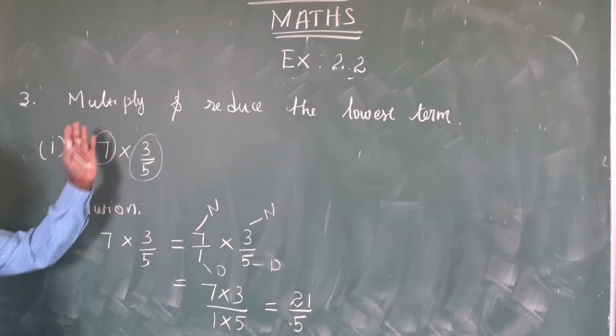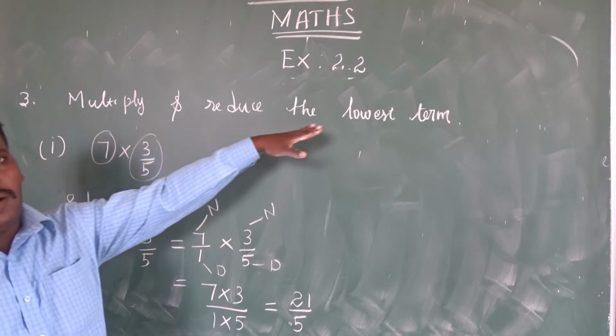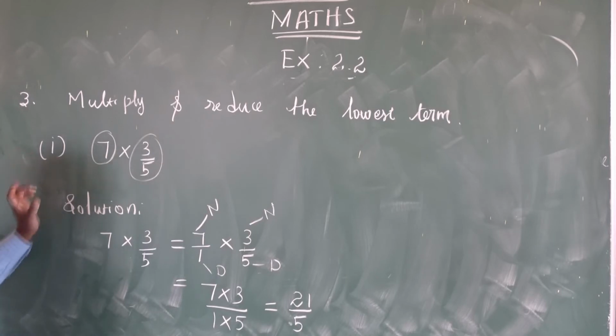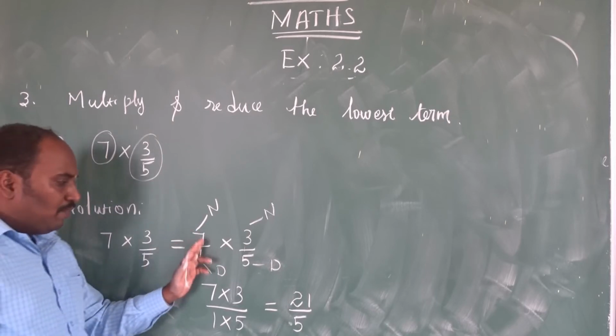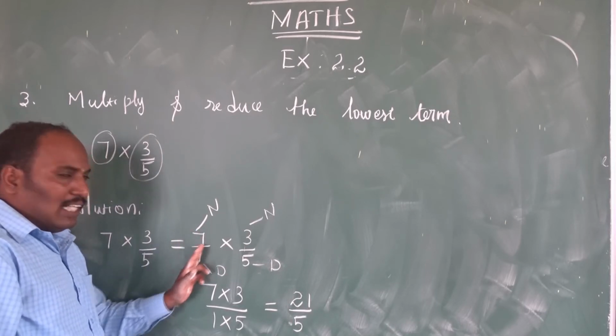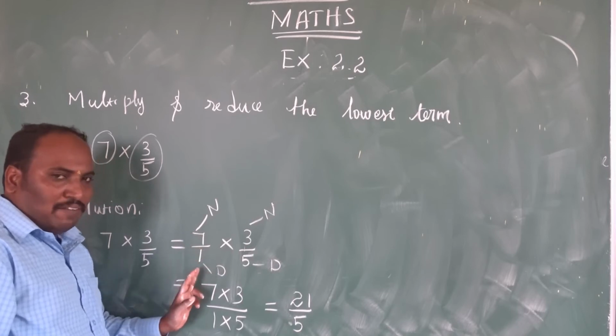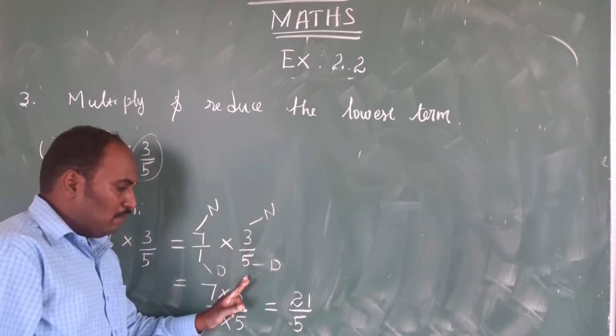Listen here, our question is to multiply and reduce to the lowest term. First part is 7 into 3 by 5, which is equal to 7 divided by 1 into 3 divided by 5.